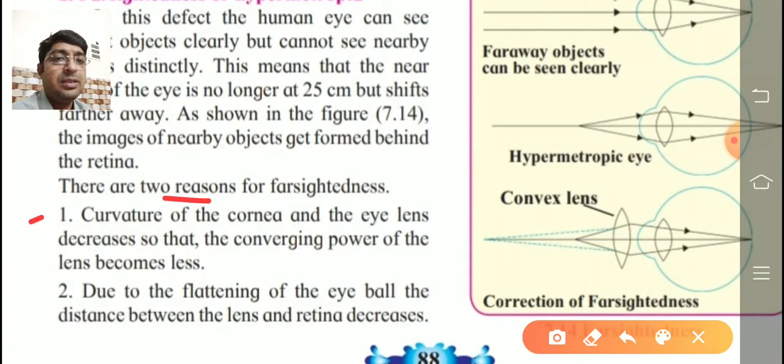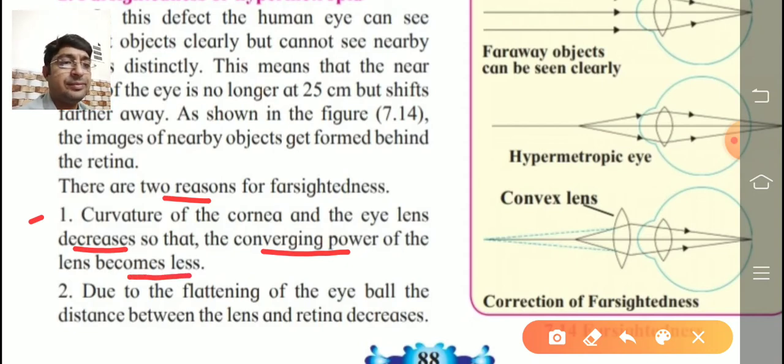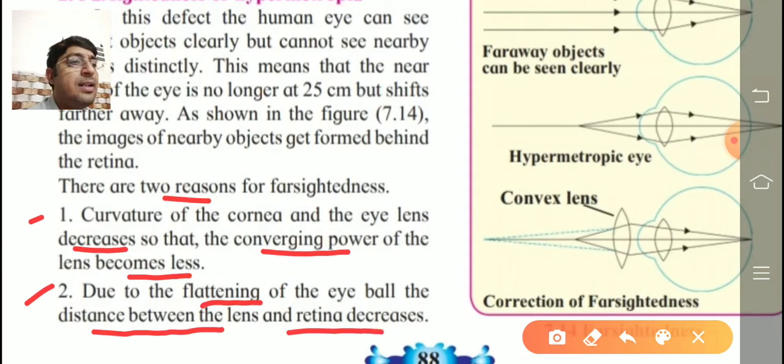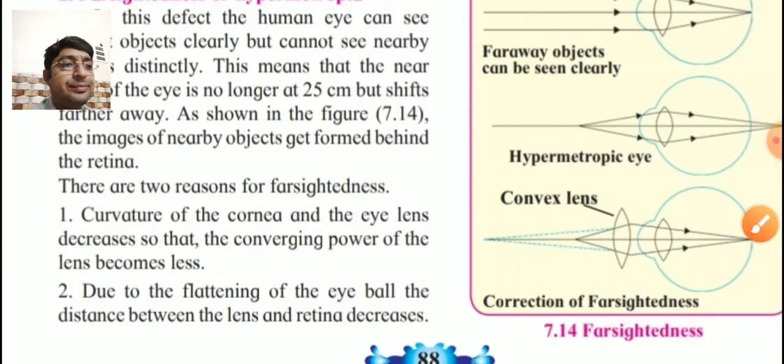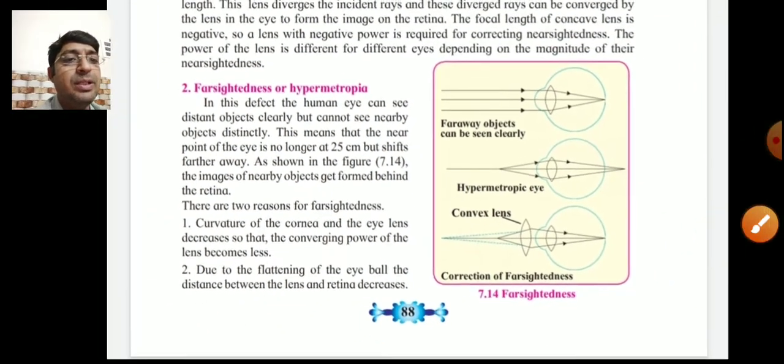First one, the curvature of the cornea and eye lens decreases so that the converging power of the lens becomes less. And second reason, due to flattening of the eyeball, the distance between the lens and retina decreases. These are the two possible reasons.